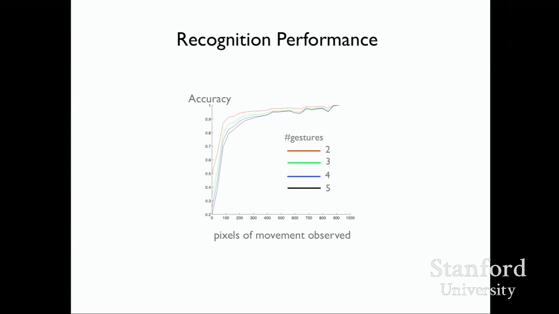So we don't want to wait until the entire gesture is finished to decide what the user is doing. As you can see here, the number of gestures in the set tells us something about how hard it is to separate these gestures. But we want to develop a more precise measure of the ambiguity of the gesture set.